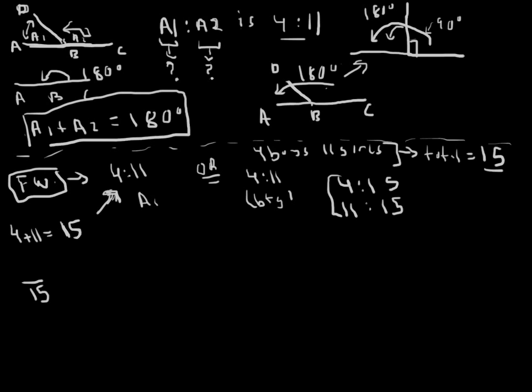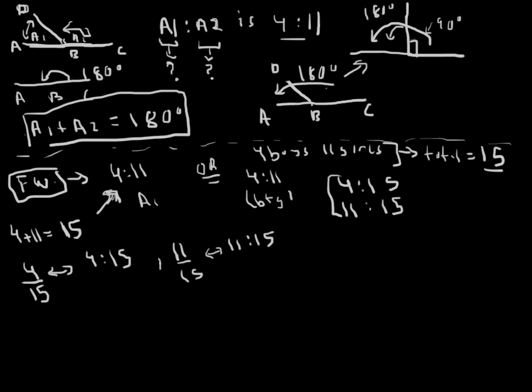That's the total. We're not doing A1 to A2. Now we're doing A1 to the total. So A1 to the total is 4 over 15, or 4 to 15. And A2 to the total is 11 over 15, or 11 to 15.